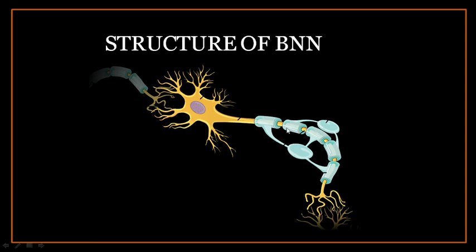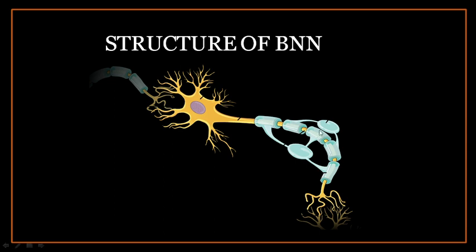Here we can see the yellow color node, right? That node is called the node of Ranvier. And this oval in shape, in blue color, is the oligodendrocyte.